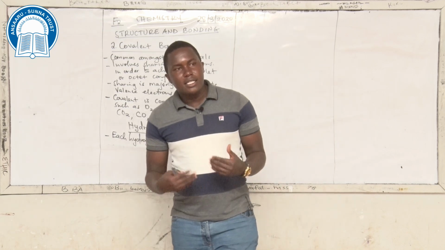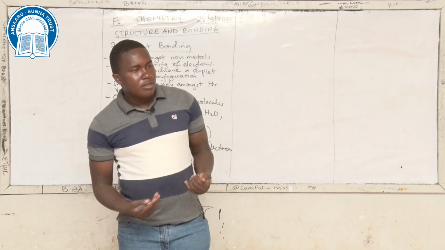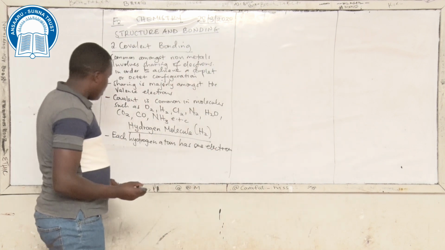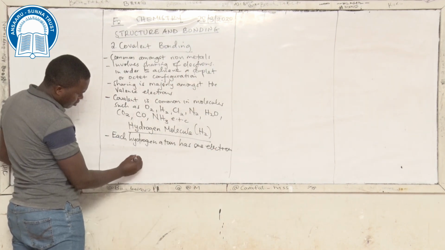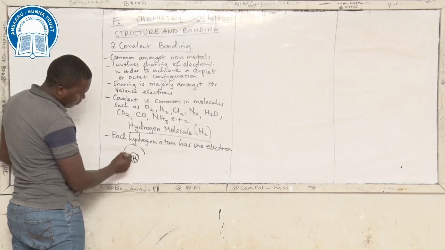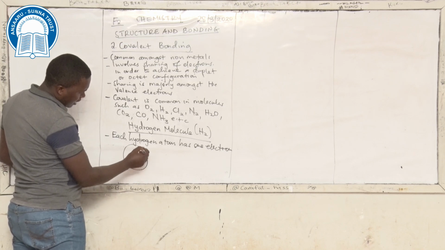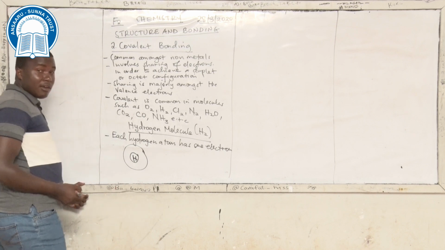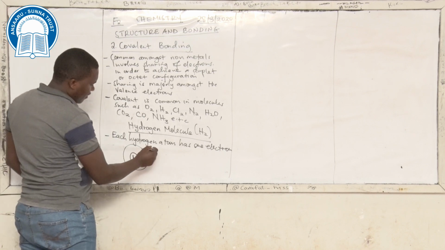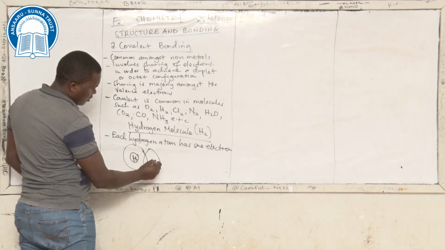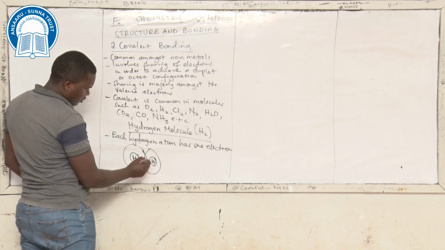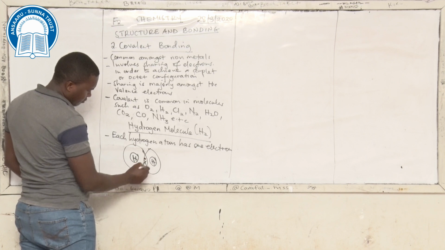But we have said there is no giving of electrons here, they are sharing. So if you have a hydrogen atom with one electron, the outermost energy level will overlap with another hydrogen atom. This one will give one, then the other one also brings one, so they share.